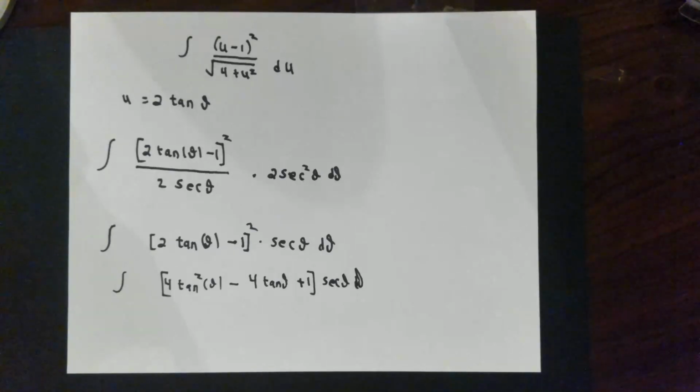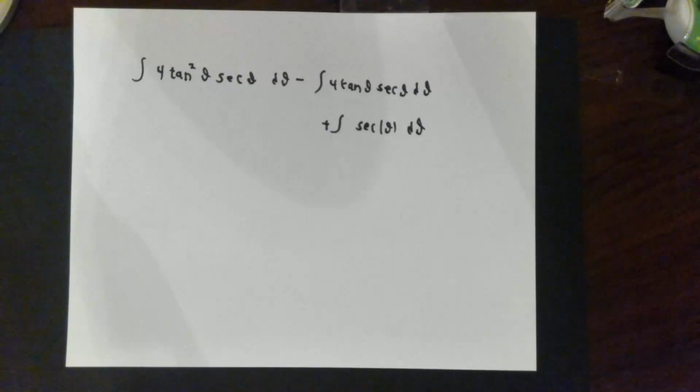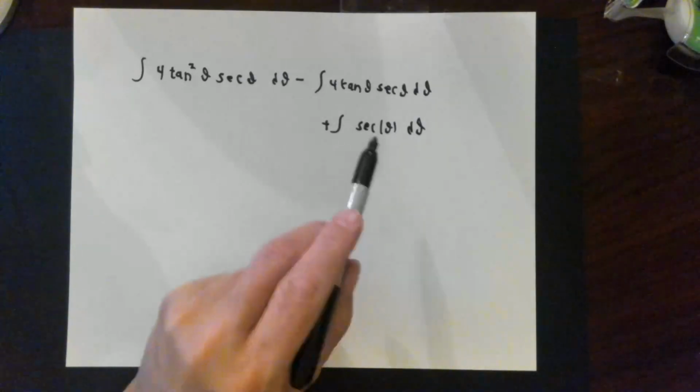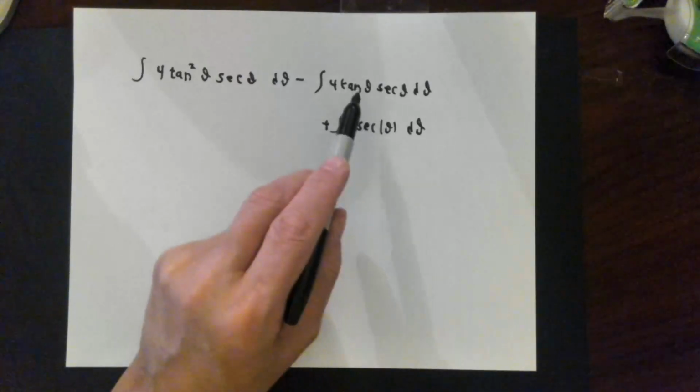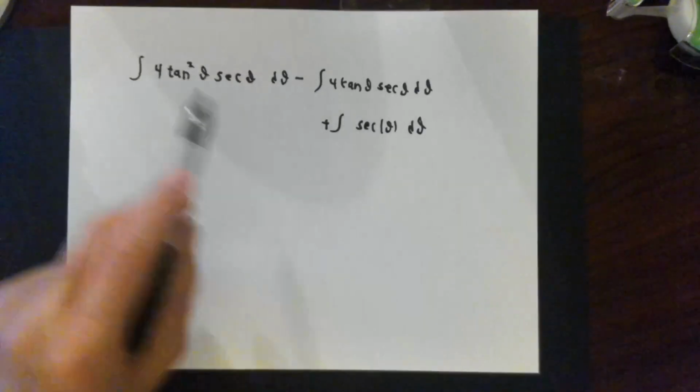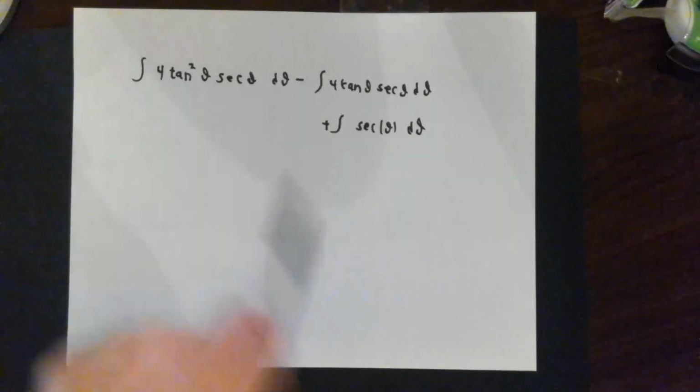Making the usual substitutions and simplifying, I have to integrate the quantity 4 tangent squared theta minus 4 tan theta plus 1 times secant theta d theta. Splitting this up into 3 integrals, we know how to do that integral. That's on our list. We know how to do that one too. So if we can come to grips with this one, we'll be in business.